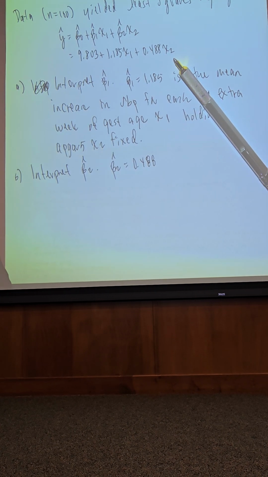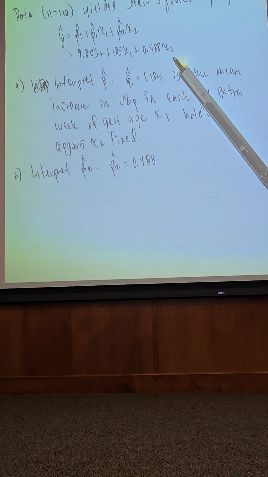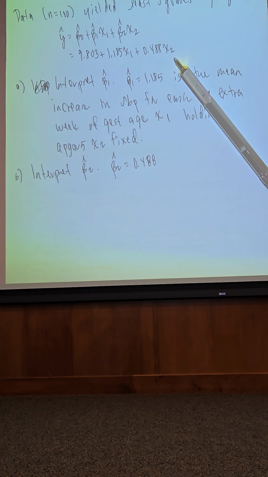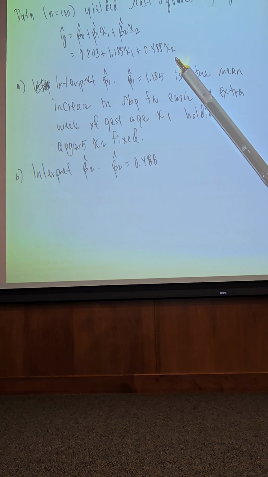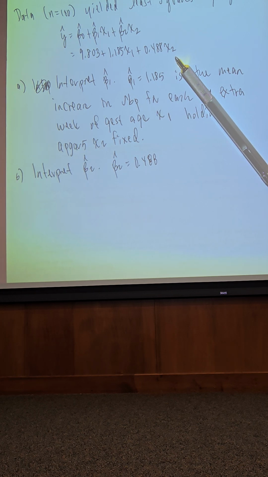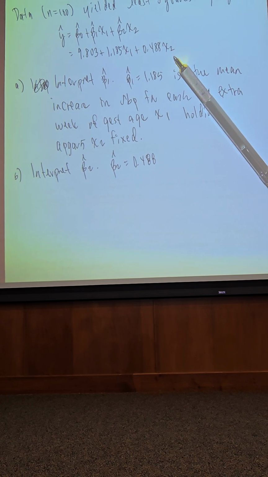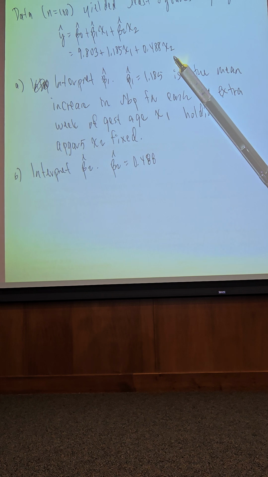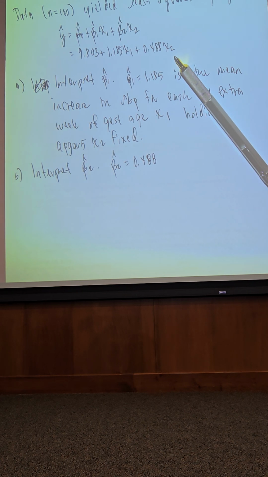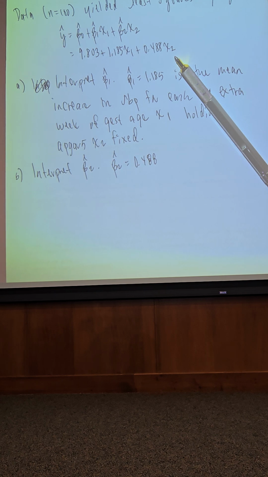What that's telling us is, as you increase APGAR5 score, is the mean systolic blood pressure going up or going down? That's also going up. And for each unit increase in the APGAR5 score, how much is the systolic blood pressure going up by? By 0.488, holding everything else fixed.